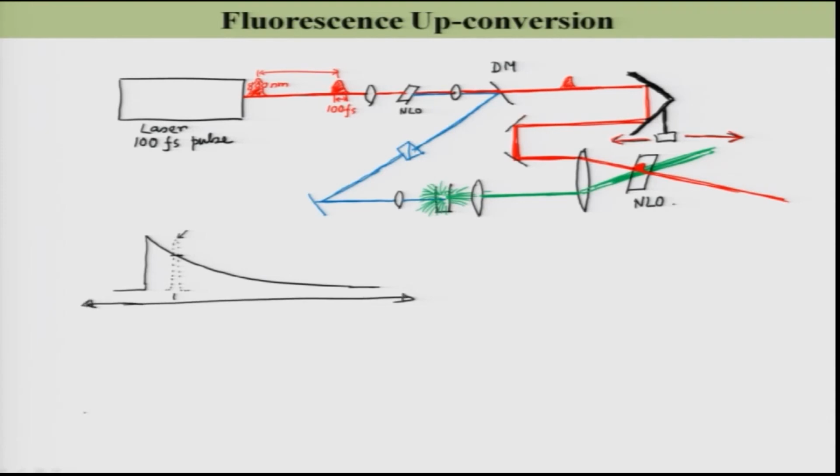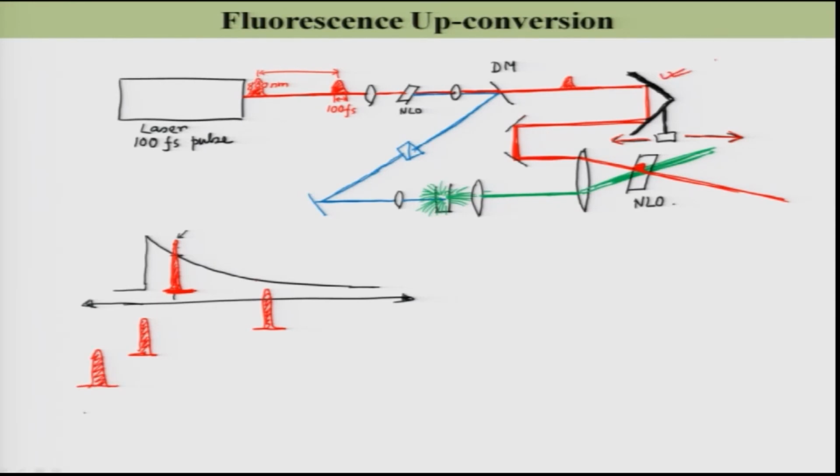Let me draw it in red color, then it will be easy for you to understand. You can move this one relatively. So, if this is coming later, at this position, it will coincide over here. At your desire, it can be here, it can be over here, it can be over here, depending on the position of these two mirror systems.